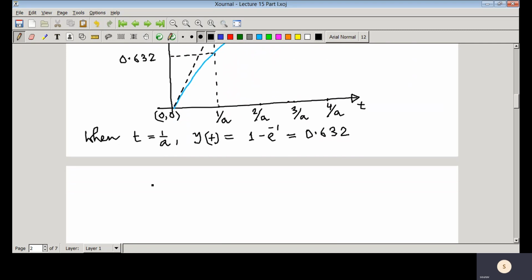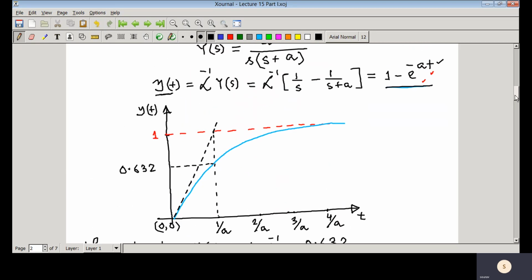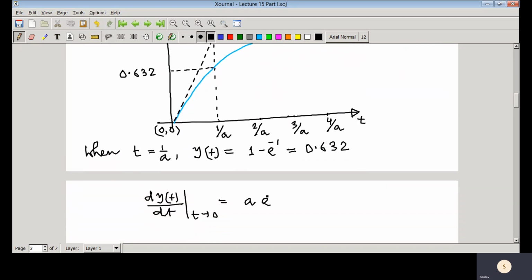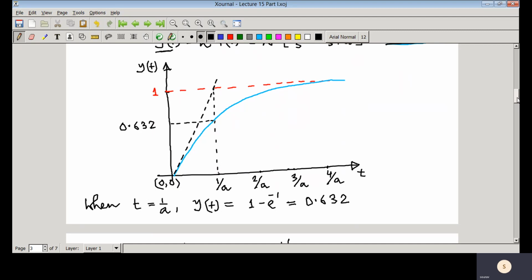We get dy(t) by dt when t tends to 0: a e to the power minus at, and we are finding it at t tending to 0, that is equal to a. So from here it is clear that this particular slope equals a.